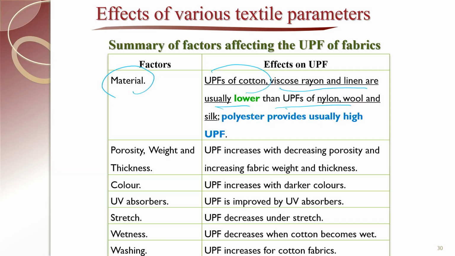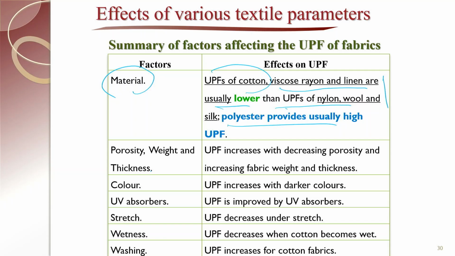So, polyester usually provides high UPF. If you need inherent UPF, we can use polyester, or maybe wool and nylon are better than cotton, viscose. Accordingly, we can select the raw material.